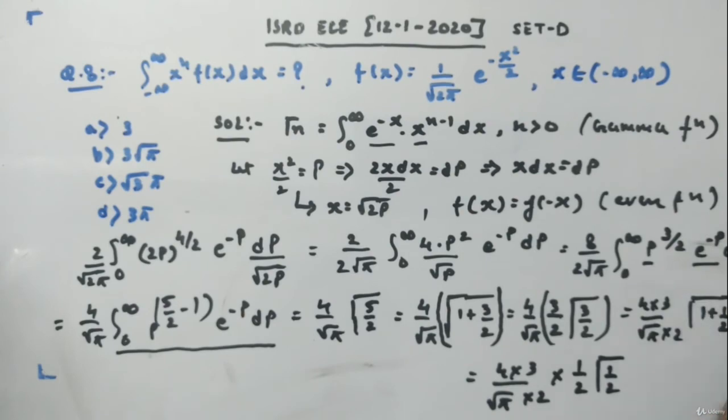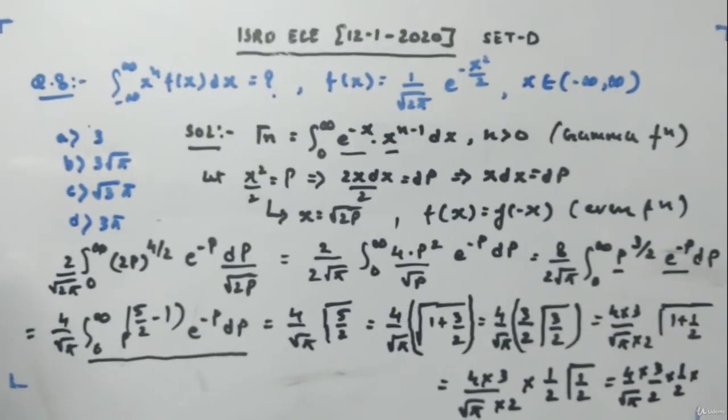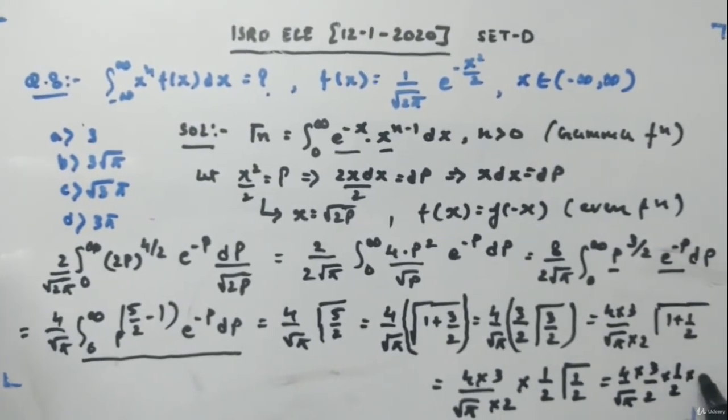So this whole thing is 4 by root pi into 3 by 2 into 1 by 2 into root pi, because gamma of 1 by 2 is root pi.